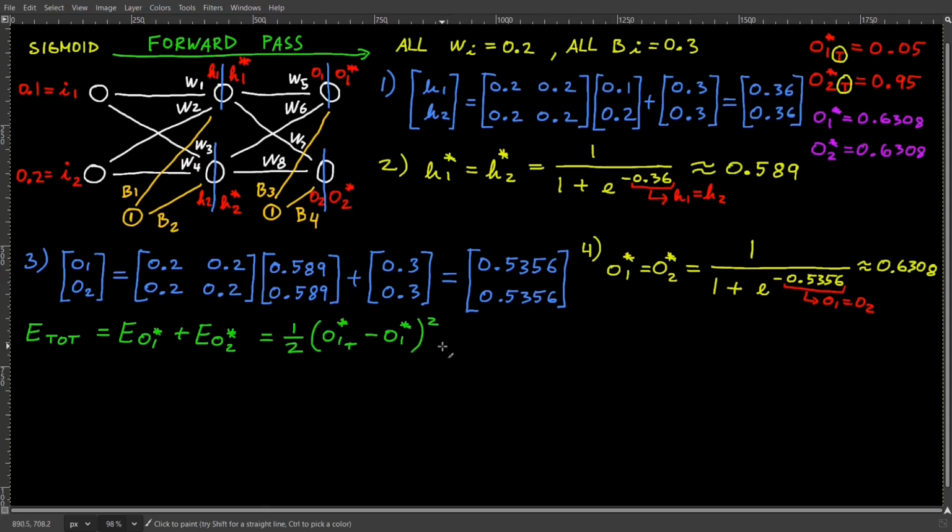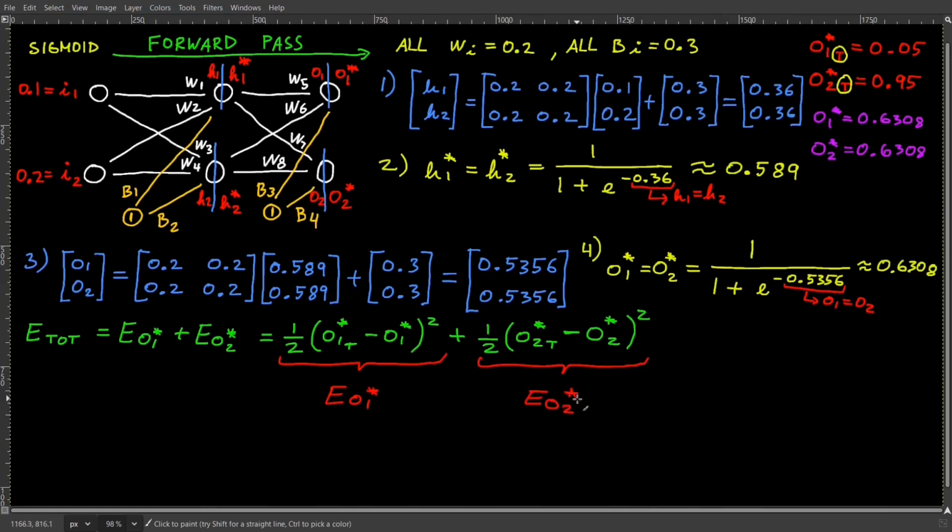Instead, I will choose my error function to have this term plus this term. This one here, it's this one, and then this term here, it's this one. I first calculate the differences between what I want and what I actually get from my network. I will then square these differences. I have the power of 2 here and also here.